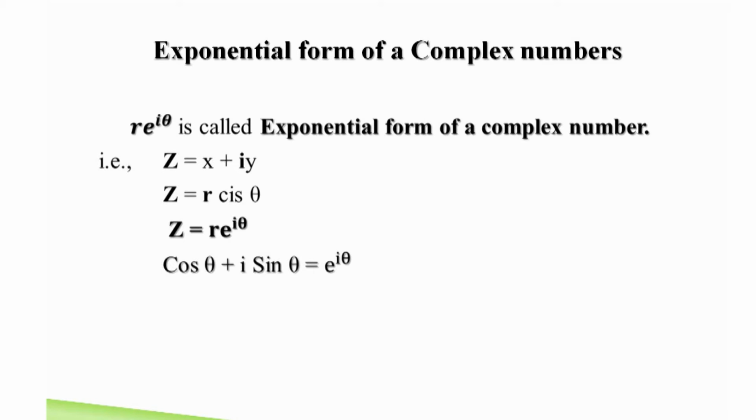Therefore, while writing 1 plus i in the exponential form, it will look like 1 plus i is equal to root 2 into e to the power i pi by 4. This is called exponential form. Therefore, a complex number can be written in 3 different forms. One is Cartesian form, another one is polar form, and another one is exponential form. You may try yourself some more examples.